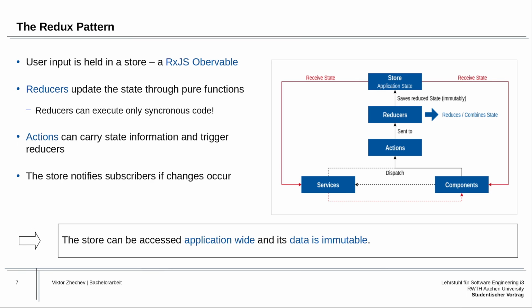Simply put, pure functions always give the same output if they are fed the same input. So the reducers get triggered by different actions in our code. The actions, on the other hand, can be called inside of services or components. And once the state is updated, it also notifies all of its subscribers that a change has occurred, so they can get the data from it.